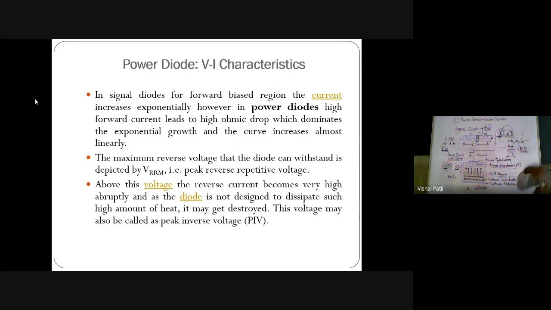From here onwards there will be different semiconductor devices to which different characteristics are associated. Now for the power diode, as I mentioned, we have two types of characteristics. One is the VI characteristic and another is the reverse recovery characteristic. Out of that we'll now discuss the VI characteristics of the power diode. So how these characteristics can be derived and plotted, we'll see.